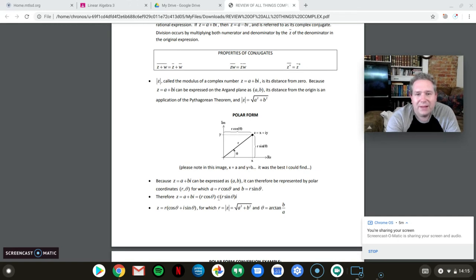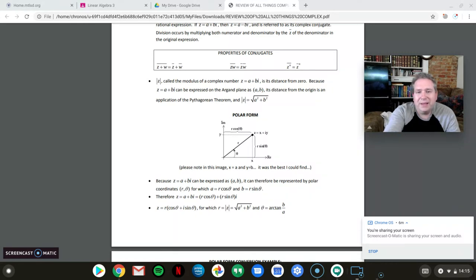And so a plus bi, since a is the real part on x, is r cosine theta, and the plus bi, the imaginary component, is on y. You have r sine theta for that distance. So I'm showing you here that a plus bi equals r cosine theta plus r sine theta times i, which is how you would convert that into polar.